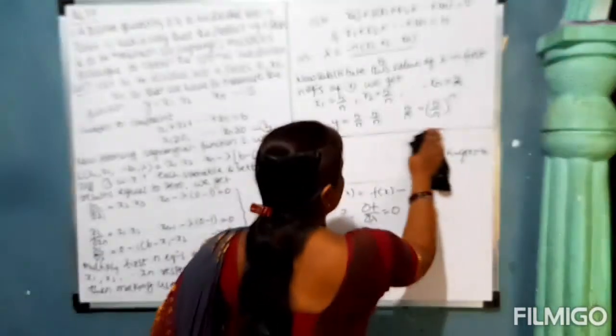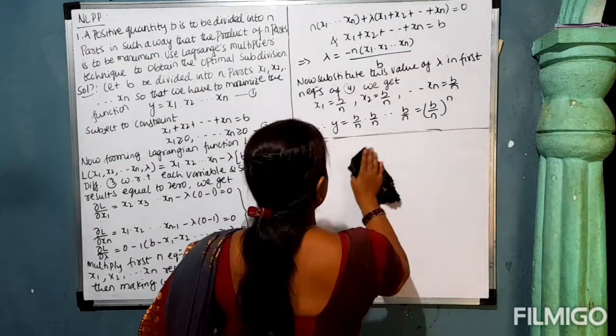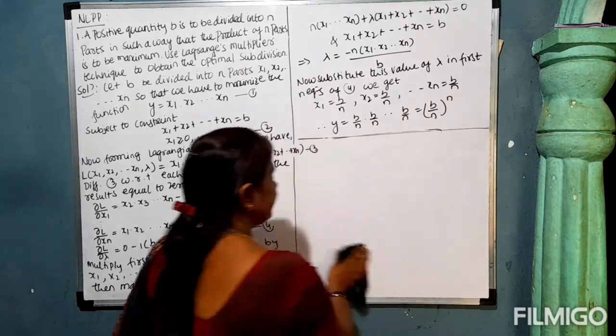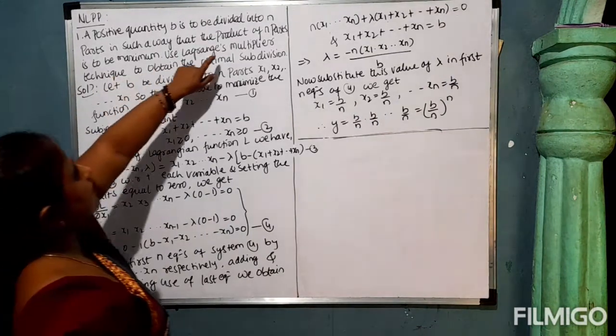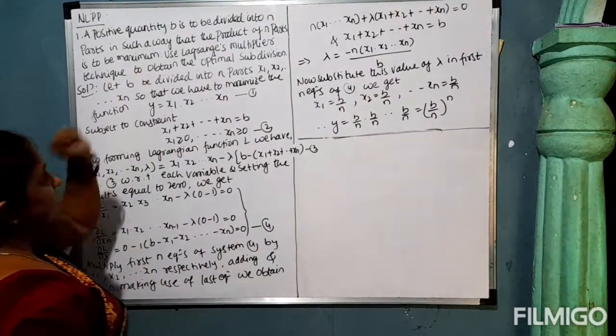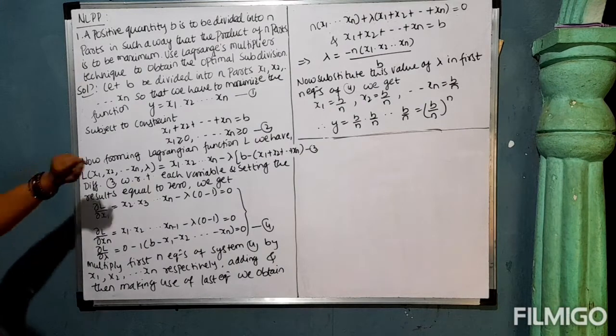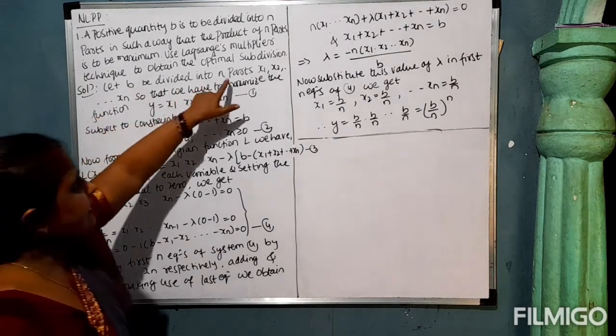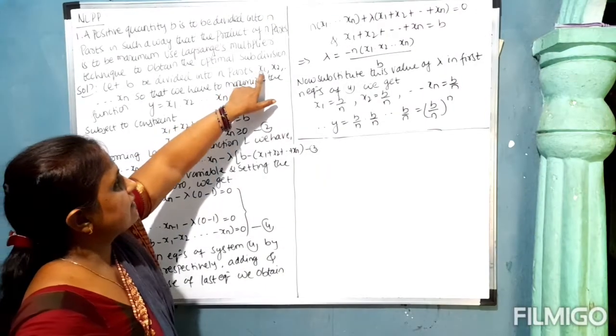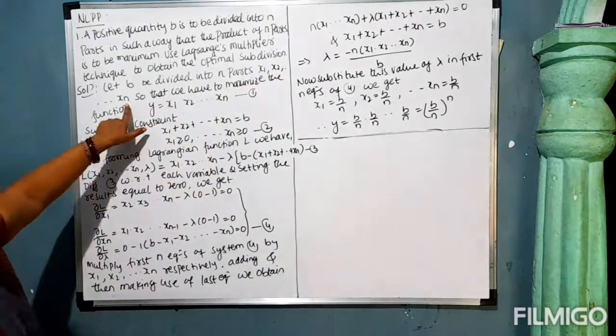Now we will see the problem. It is asked that a value b is divided into n parts, and if the product is maximum, then we have to solve it. Suppose b is a value divided into n parts, let those values be x1, x2, and so on, xn.